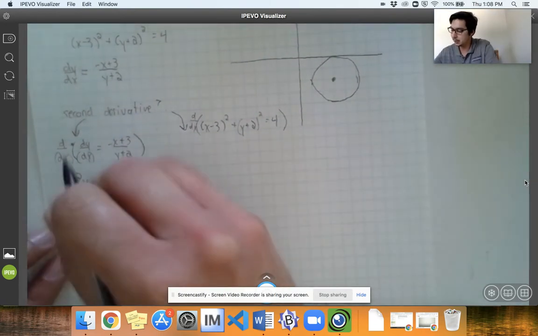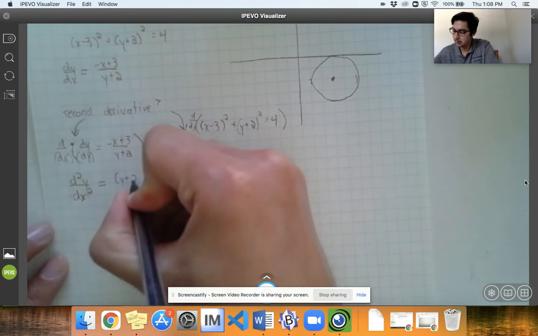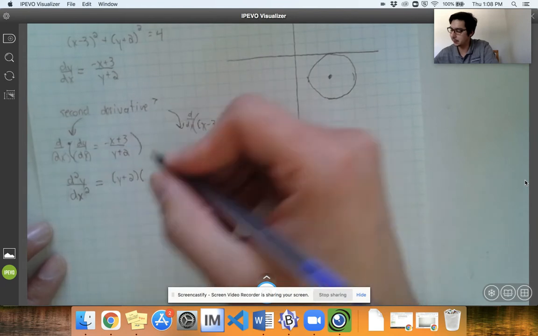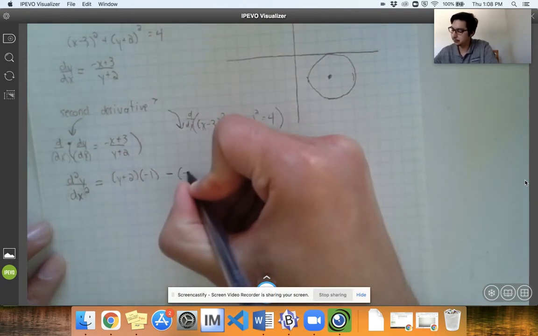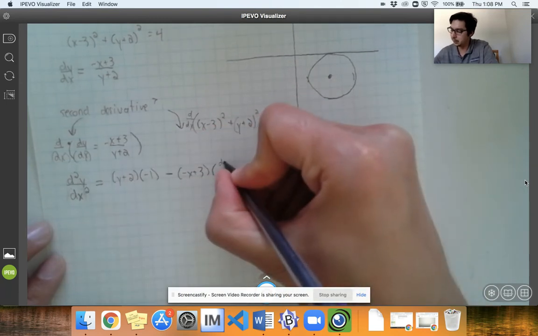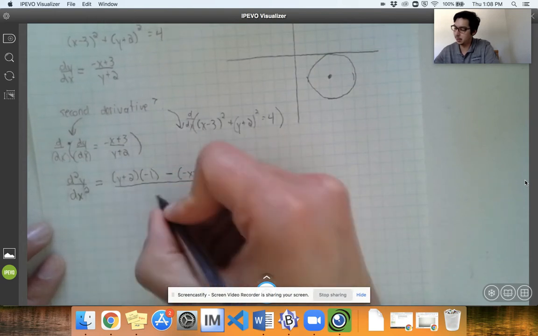So how's the rate of change changing? It's going to equal, now let's go through it. We have the quotient here, so it's the bottom times the derivative of the top, which the derivative with respect to x of -x + 3 would be -1, minus the top times the derivative of the bottom, which is going to be dy/dx, all over the bottom squared.